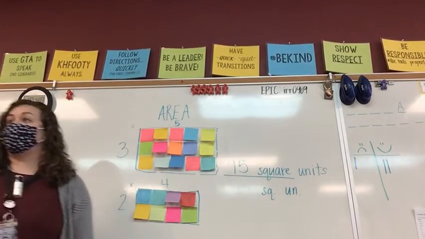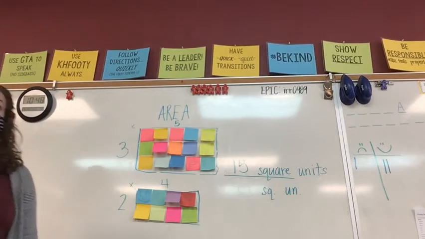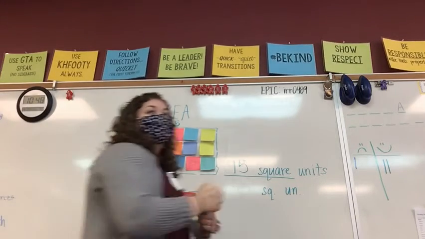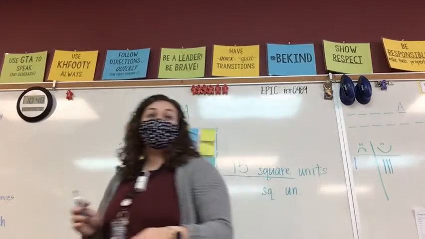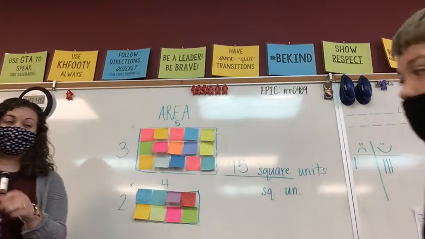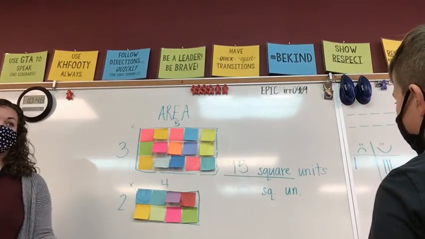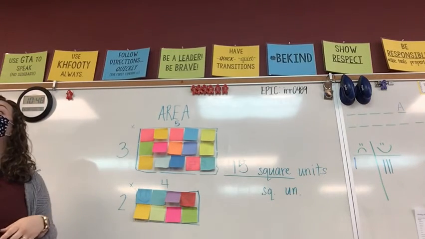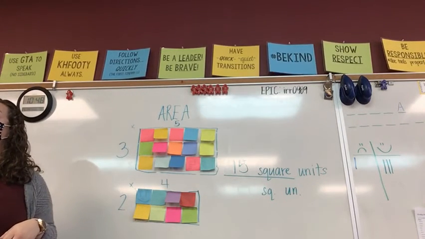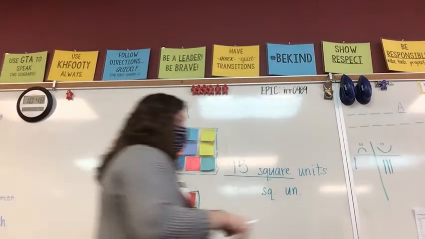And we noticed that was different. Who else noticed something really smart? Riley. On the top row of the bottom one, there's only 4, and on the very top row, there's 5. Very good. My friends, please sit down.